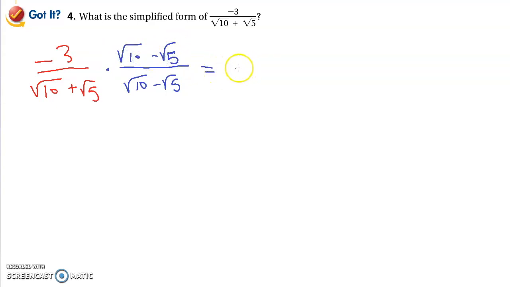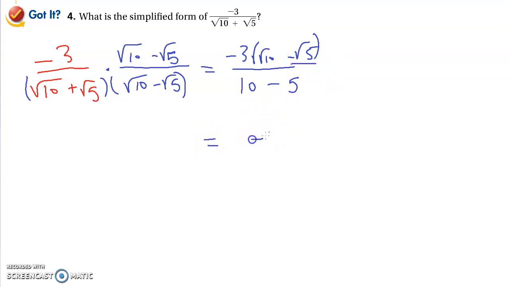Cool. Now, we notice that these two are conjugate pairs. Conjugate pairs make a difference of squares. So this is going to be the same thing as 10 minus 5. Square root of 10 squared is 10, and square root of 5 squared is 5. On the top, we're going to have negative 3 times square root 10 minus square root 5.